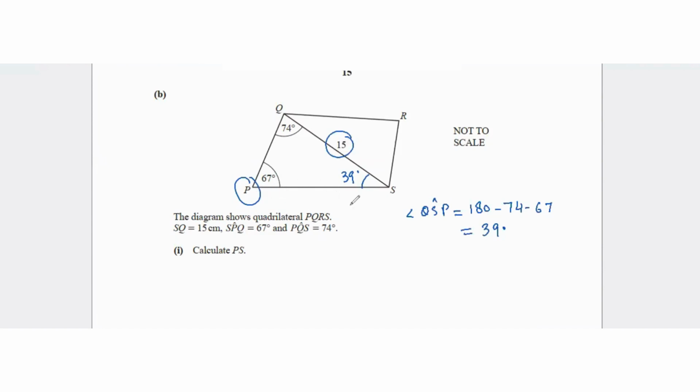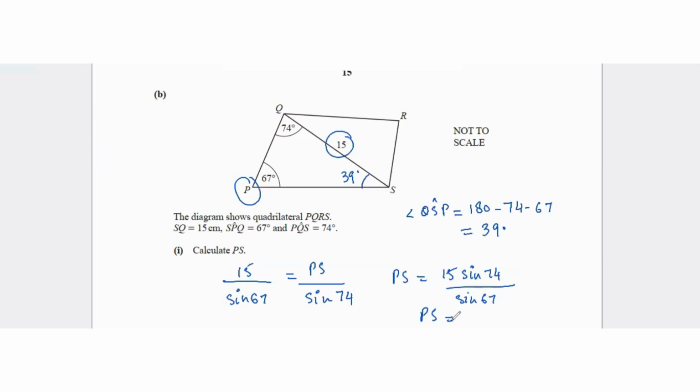Since they're asking us to find PS, we write 15 over sine 67 equals PS over sine 74. That means PS would be 15 times sine 74 divided by sine 67.